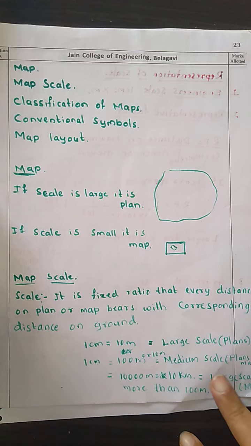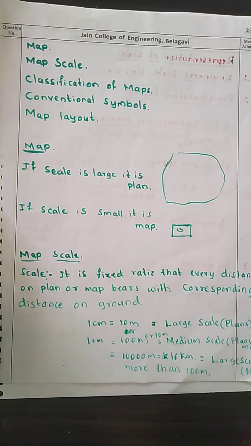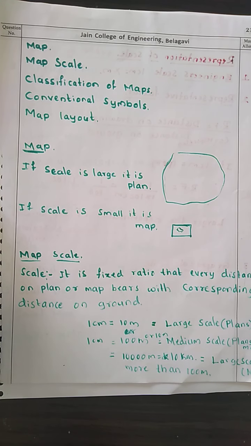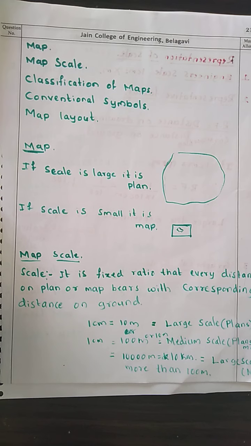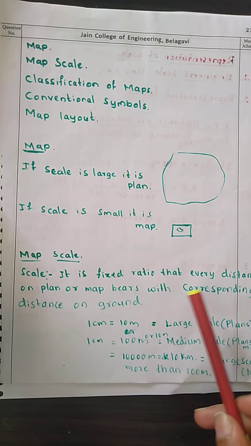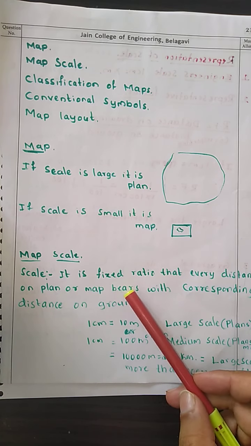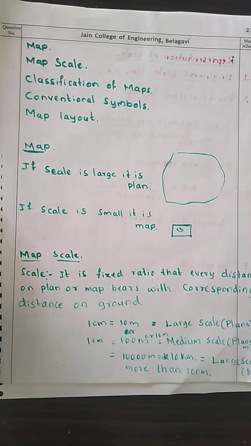Now whenever we convert a particular area or object onto a sheet, we use a scale. Now what is this scale? Scale is nothing but a fixed ratio between the distance on a plan or a map and the corresponding distance on the ground.